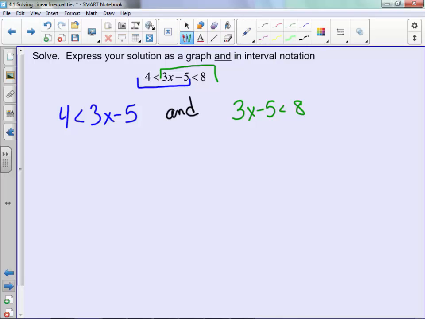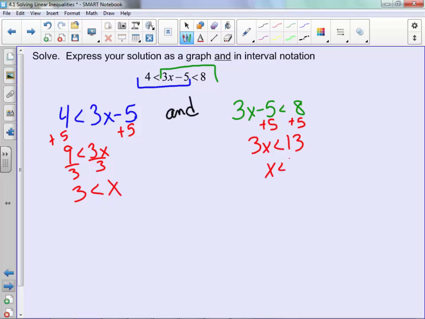So it's going to be an and, because it needs to be greater than 4 and less than 8. So now we just solve each of these individually. Don't forget we have and in the middle here.